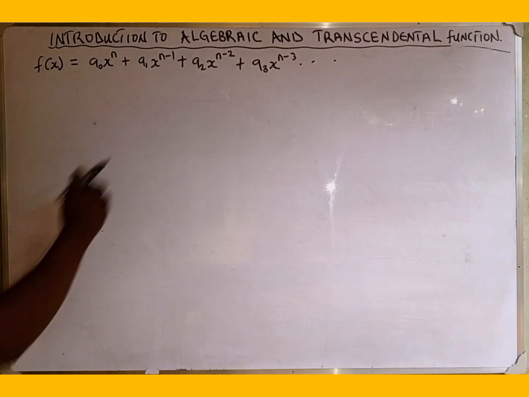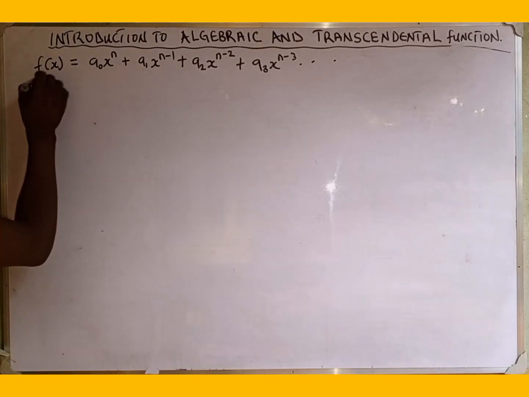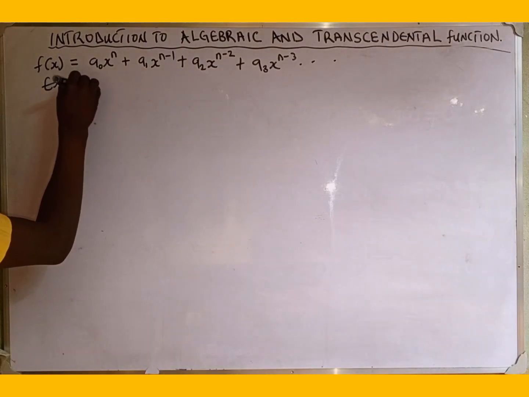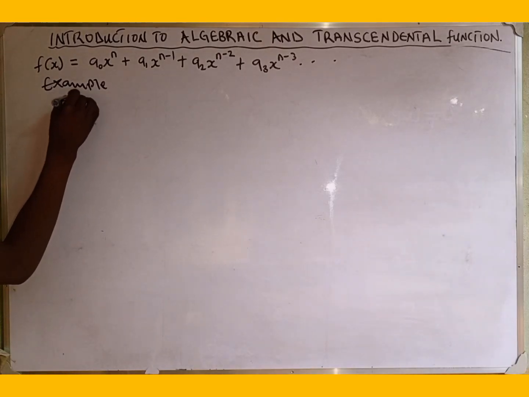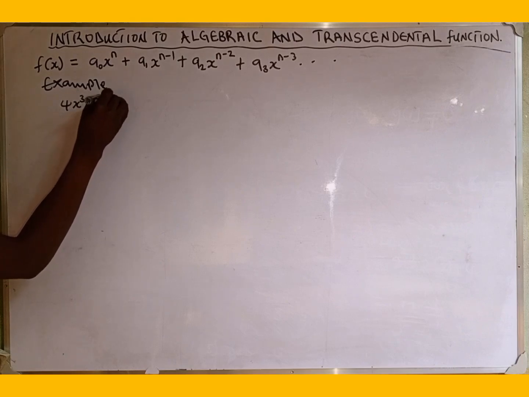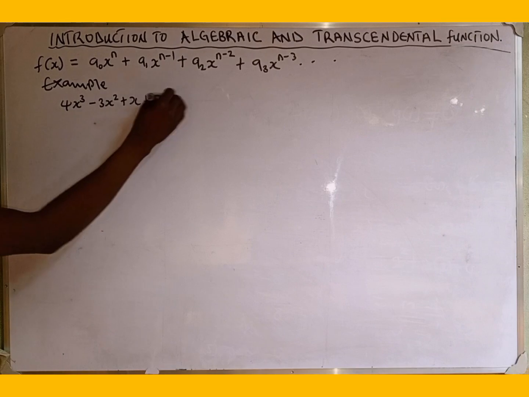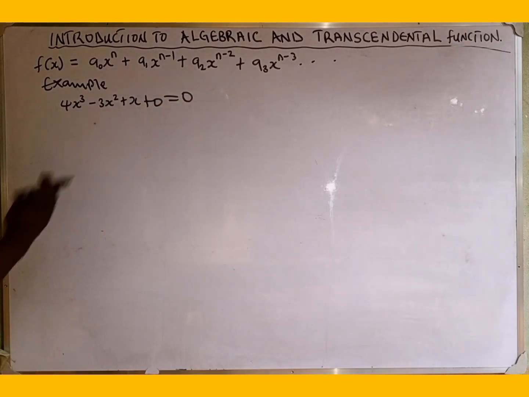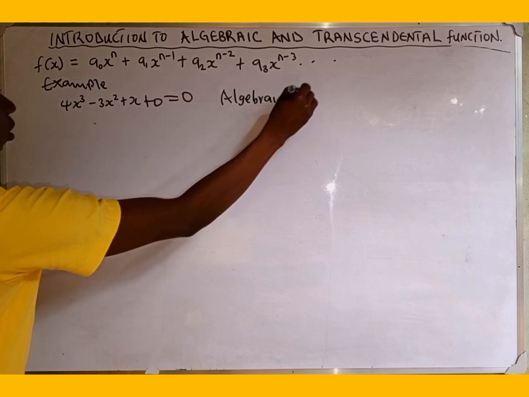So let us see the example of an algebraic function or algebraic equation. Example: if you are given a polynomial 4x cubed minus 3x squared plus x plus 10 is equal to 0, this is an example of an algebraic equation.